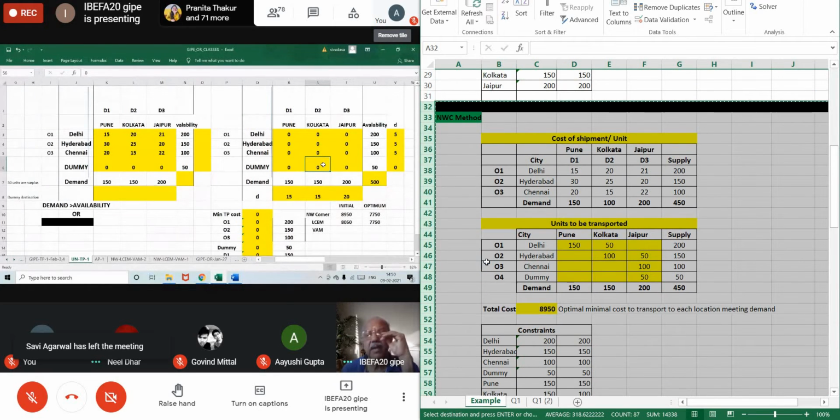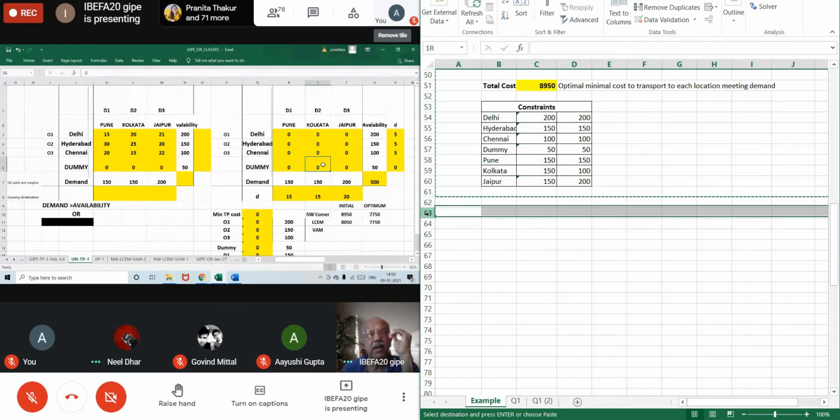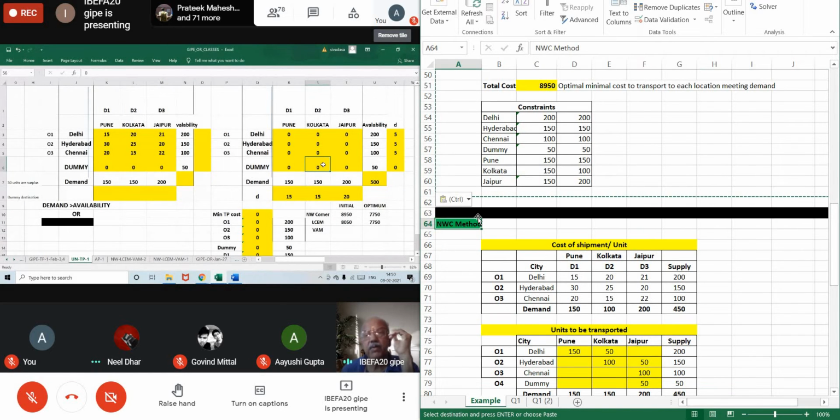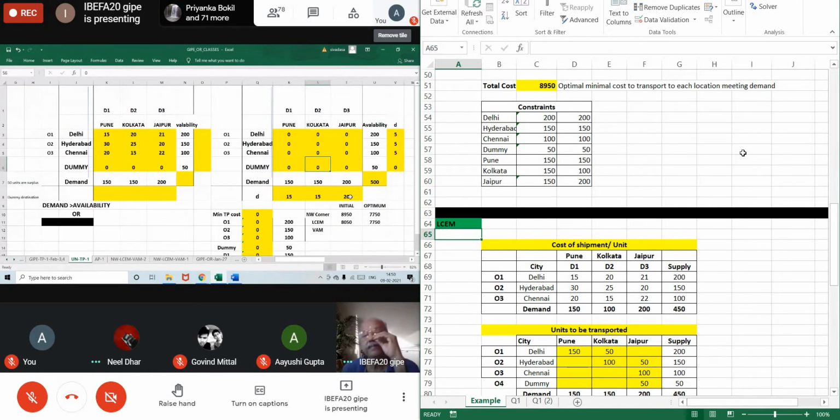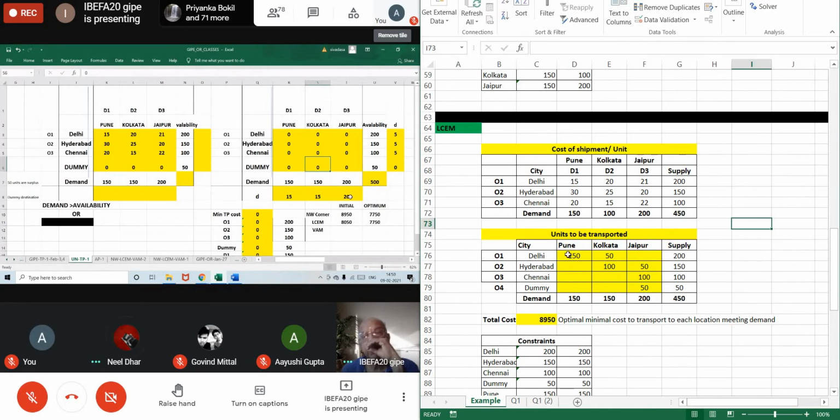Highest D value? 20. Yes, sir. But we want to minimize the transportation cost, right? Right, sir. Even if I take the minimum, it will still work, because finally we are looking for the solver. It will take care of it.